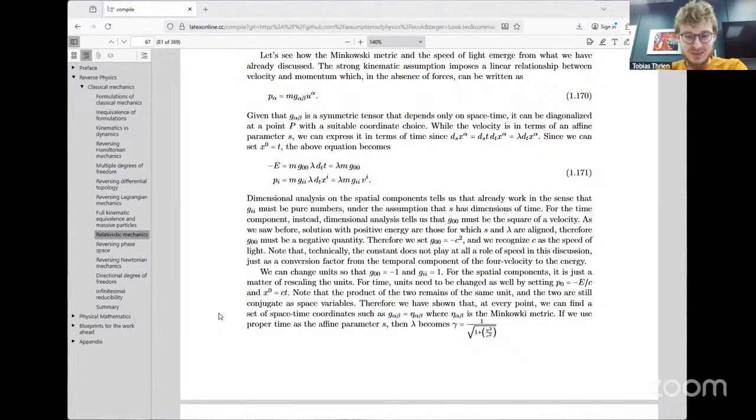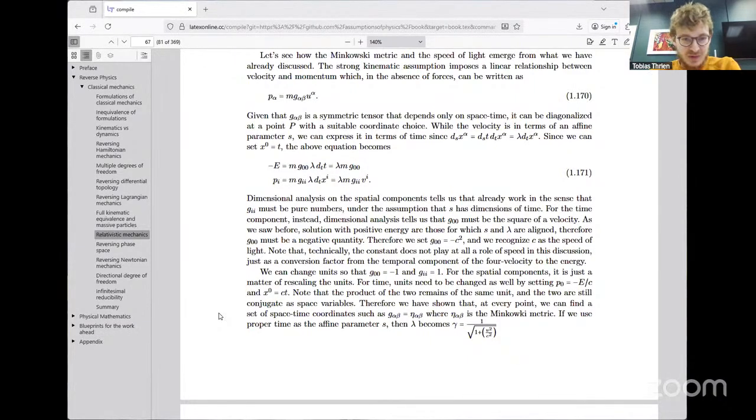Note that the product of the two remains of the same unit, and the two are still conjugate variables. Therefore, we have shown that at every point we can find a set of spacetime coordinates such that g_αβ is η_αβ, where η_αβ is the Minkowski metric.